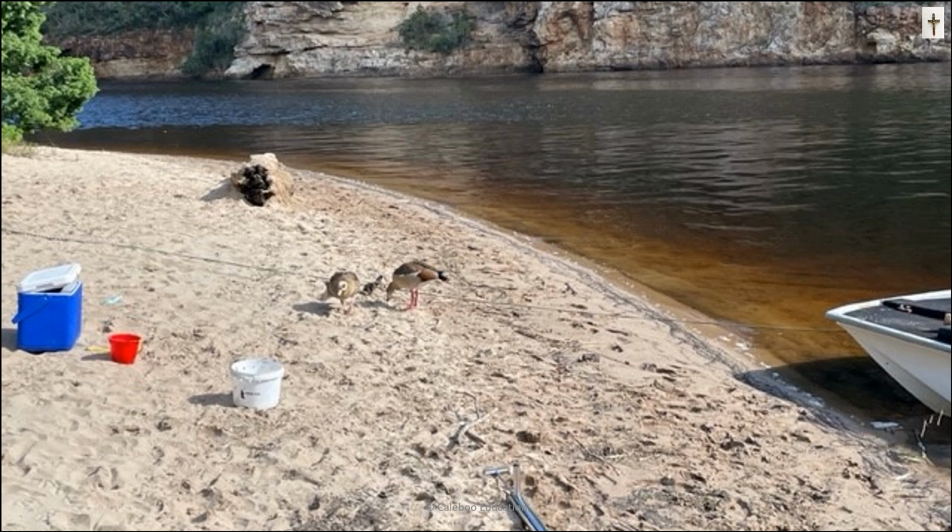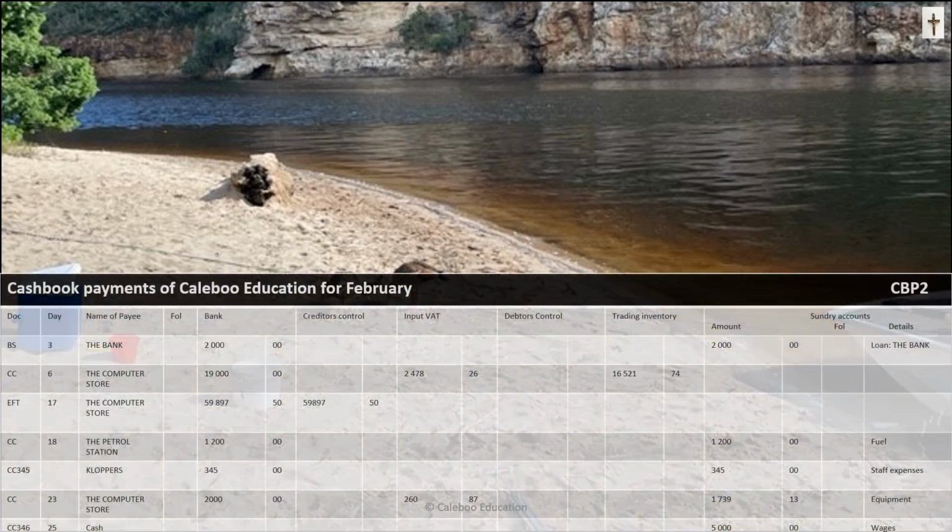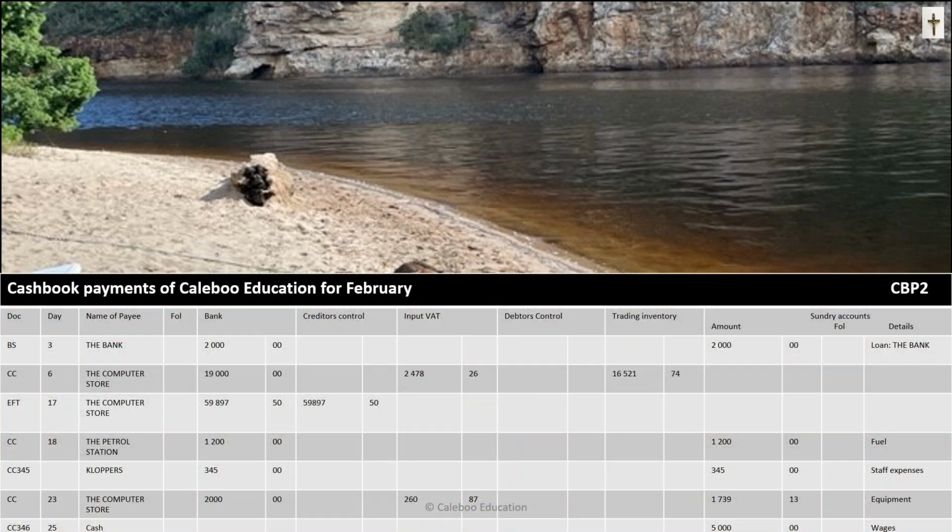We are nearly there, and we can go on a holiday or a vacation, but we're still in the Cashbook payments. And what we're going to do here is post the information on the 18th, another transaction where we paid for the staff kettle and the wages. We need to take that to the general ledger.